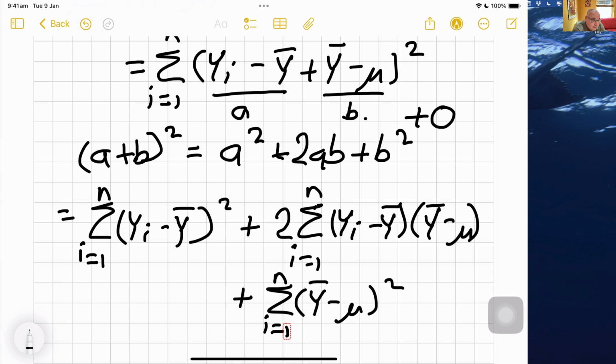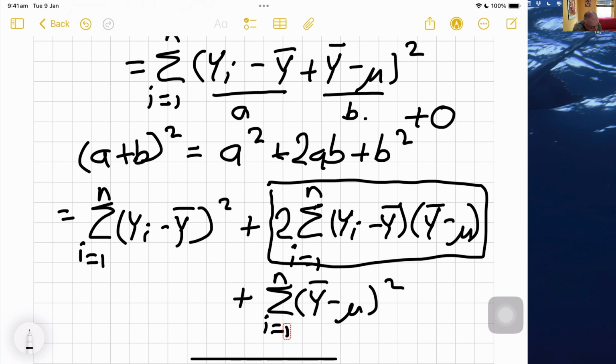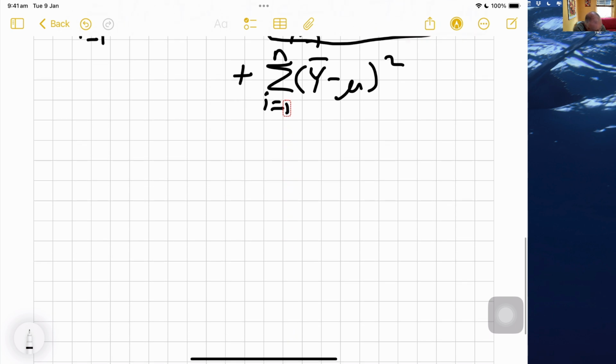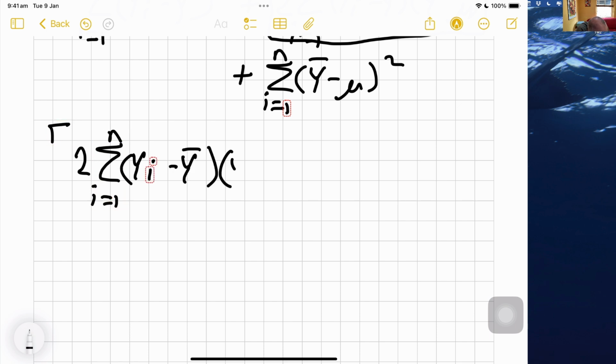What I want to do, and this is a common thing, is deal with this cross product. I would really like to make it disappear, so let me show you that that's the case. We're going to have a little aside, and look at just that term. We've got 2 times the summation as i goes from 1 to n of (yi minus y bar) times (y bar minus mu).